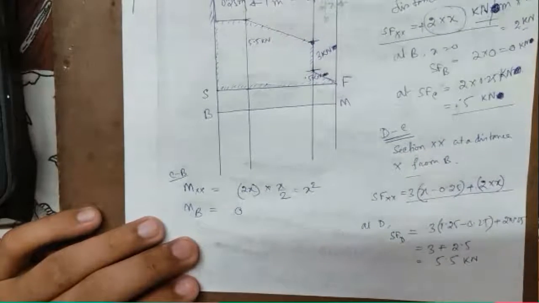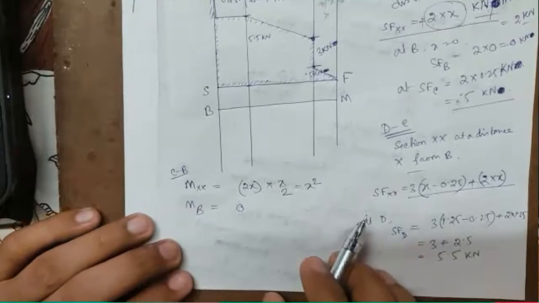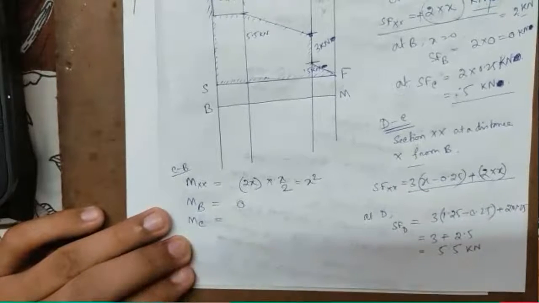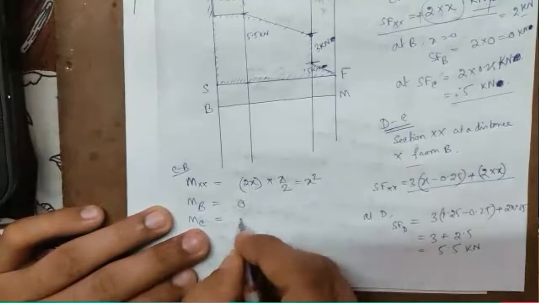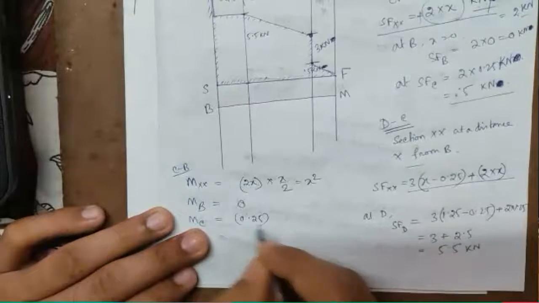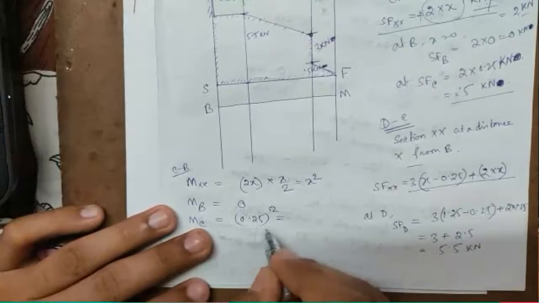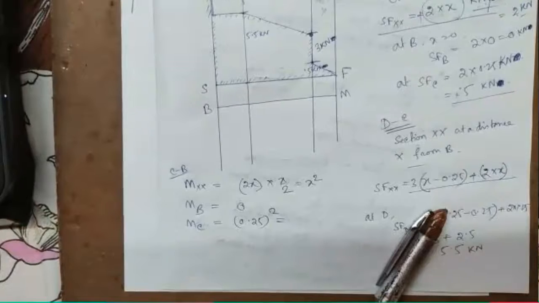Okay, so at B, x equal to 0, so we get bending moment equal to 0. Now at C, that means at x equal to 0.25 meter, it will be 0.25 square, with help of calculator.